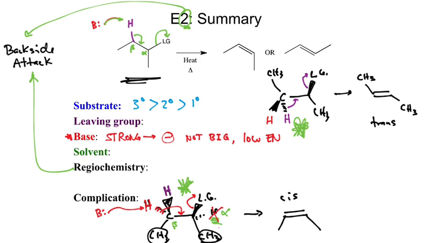Okay, easy answer. If you suspect it's an E2 elimination, you got to worry about this. Not always, because there's another piece of information that has to show up. What's the other piece of information that has to show up to make you go, dang, I've got to worry about this? 2 hydrogens. 2 hydrogens, we actually effectively said we didn't have to worry about it because we get trans.